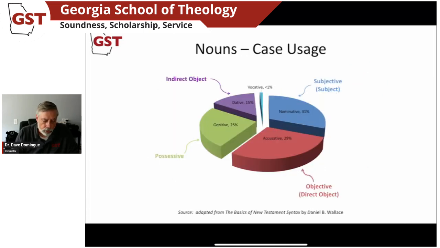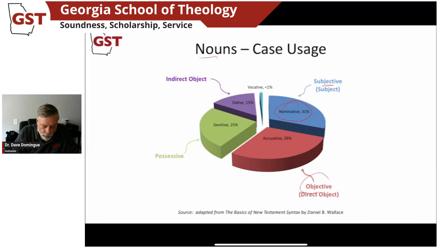And what we're going to focus on, though, is predominantly the 4. The subjective, which is referred to as the nominative, appears 31% of the time for nouns, meaning it functions as the subject.